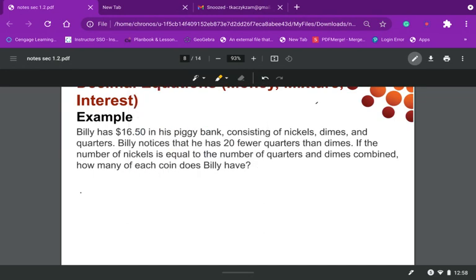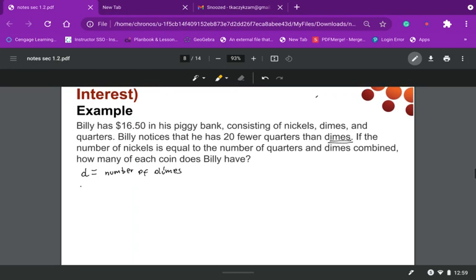So when you guys will read the second sentence, they're saying that Billy noticed that he has 20 fewer quarters than dimes. So we're comparing quarters to dimes. That means your variable will be amount of dimes. Okay, so I'm going to introduce D. It's going to be our variable. So this is number of dimes Billy had.